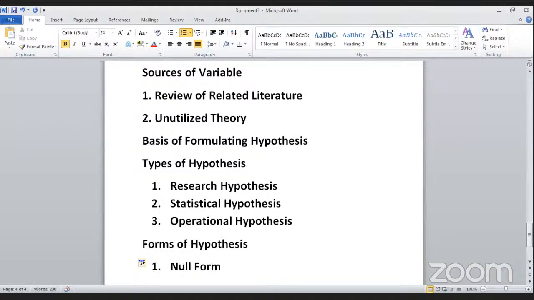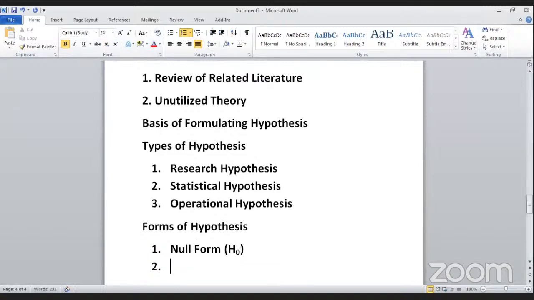And this null form is always denoted by H0. This is the null form.